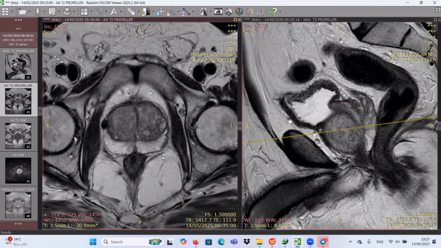So we have here, this is the transition zone, and this is the peripheral zone. And the peripheral zone can be divided into BZA, BZL, BZM, TZA, TZB, and this is the anterior fibromuscular stroma.